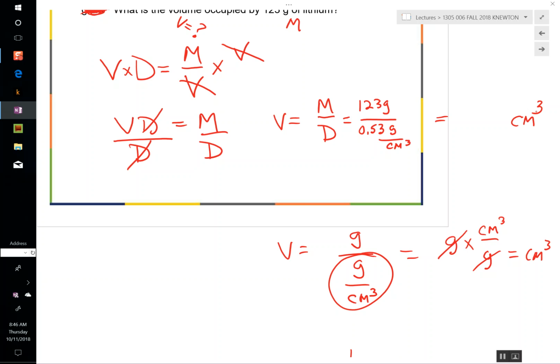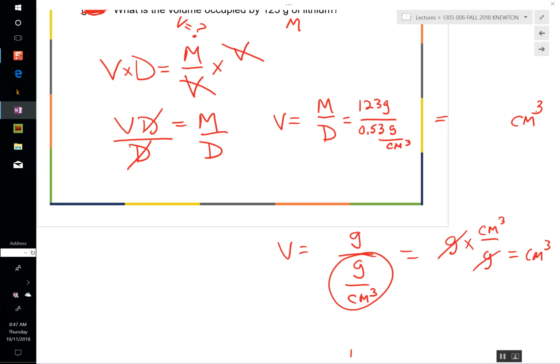Technically speaking, we only got 2 significant figures there in our density, don't we? Do we round down? Well, you round according to rounding rules. So if the third number is less than 5, you round down.